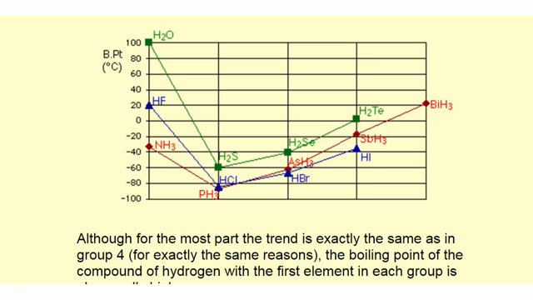And the one in green here represents the elements of group 16. These are all if they're bonded with hydrogen. Now, if we ignore these three, we would see that all of them follow the same general trend that we just observed before, and that is as we increase the molar mass, we also increase their boiling point. But what do these three here have in common with each other?